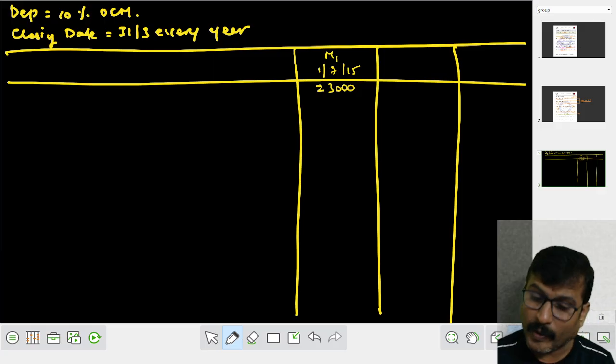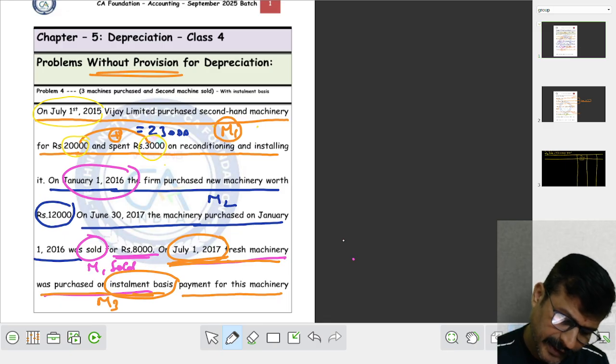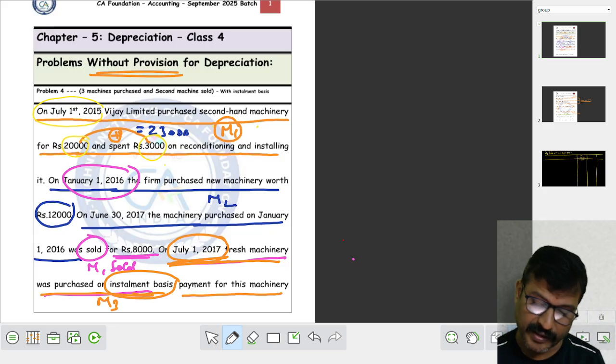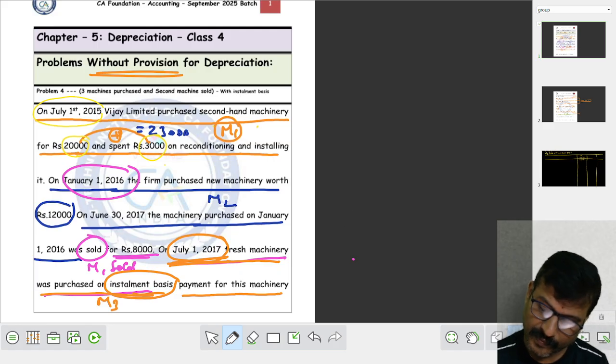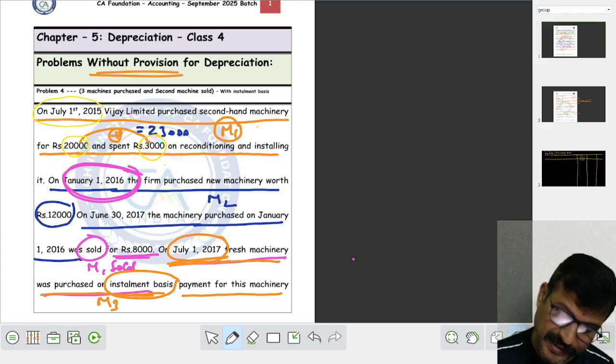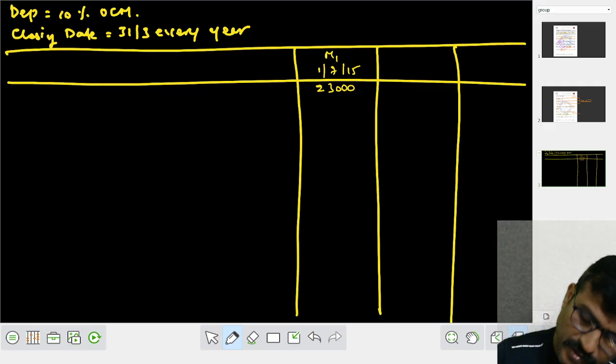Fine. What happened in the next stage? On 1st January 2016, the new machinery M2 is purchased for an amount of rupees 12,000.